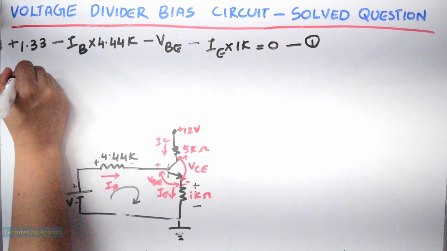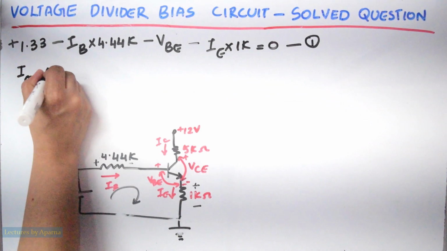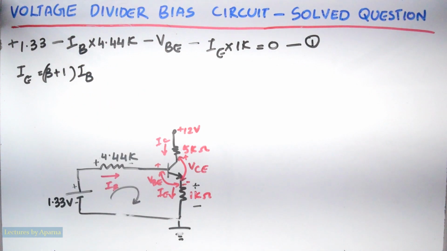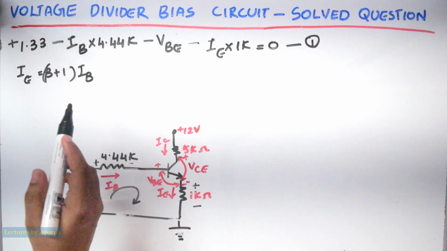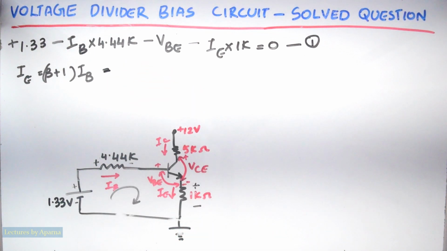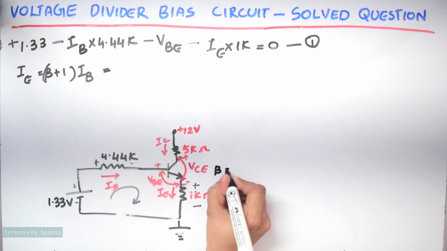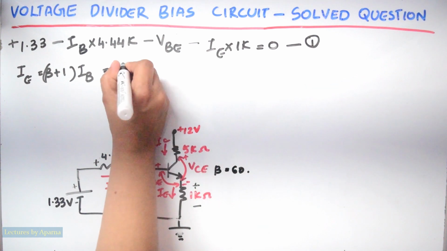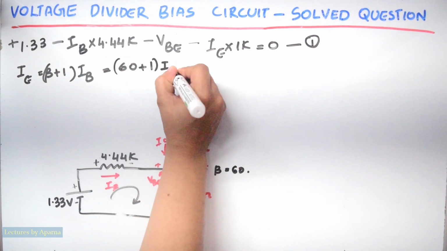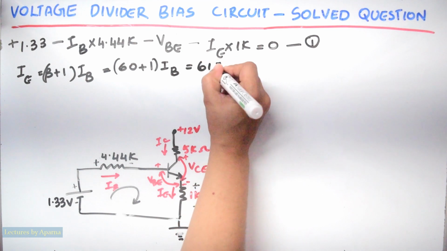We know IE is equal to beta plus 1 into IB. This is the relation between emitter current and base current. So substituting for the value of beta, beta is equal to 60 here, so it is 60 plus 1 into IB, which is equal to 61 IB.